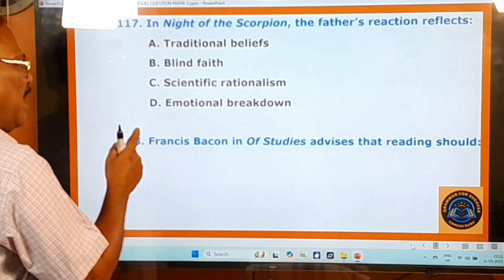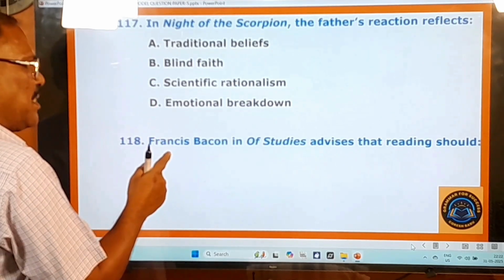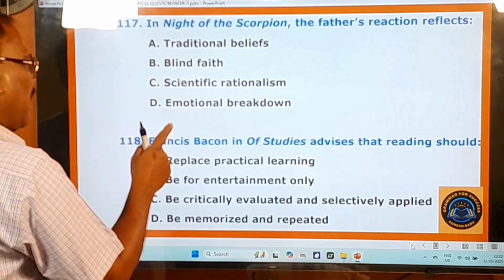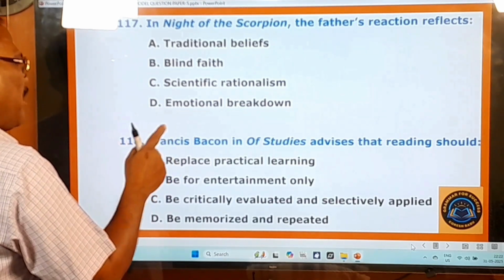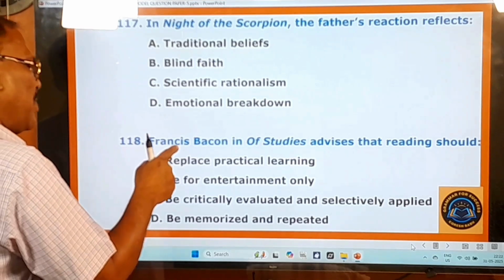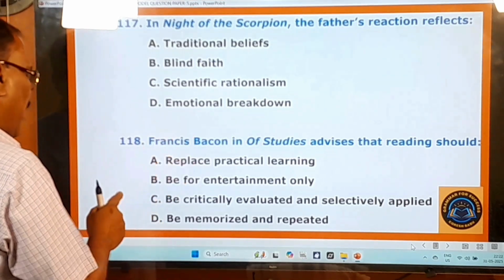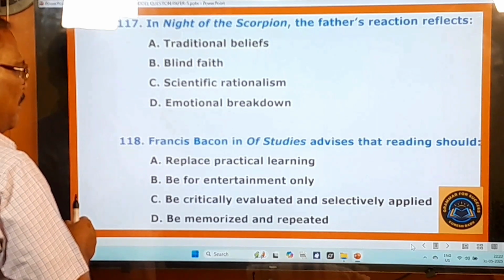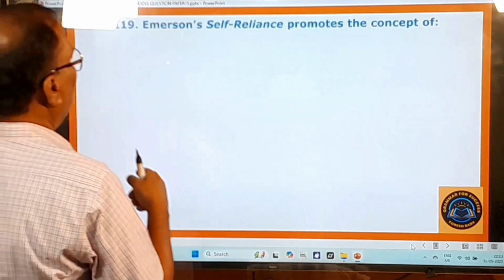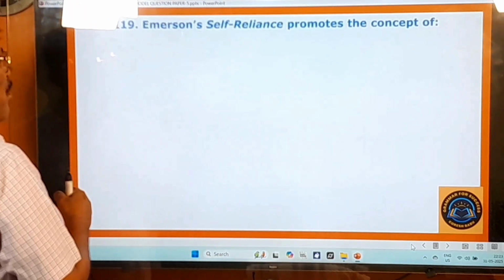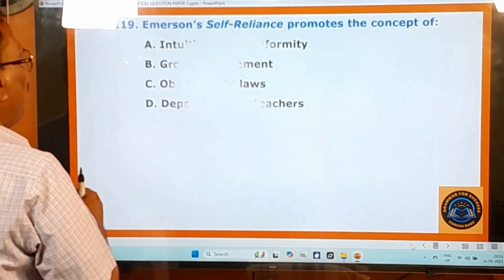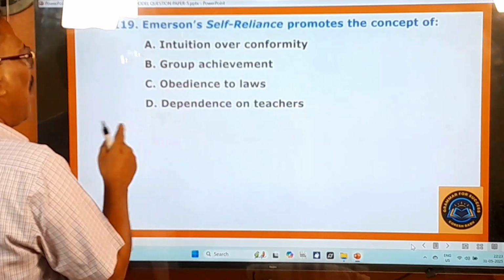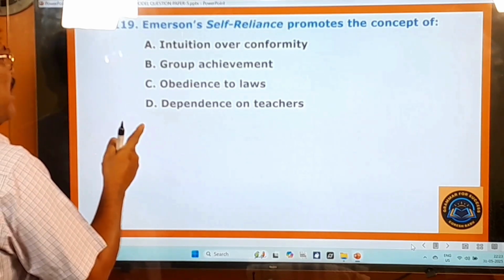Francis Bacon in Of Studies advises that reading should replace practical learning, be for entertainment only, be critically evaluated and selectively applied, be memorized and repeated. 119th question. Emerson's Self-Reliance promotes the concept of intuition over conformity, group achievement, obedience to laws, dependence on teachers.